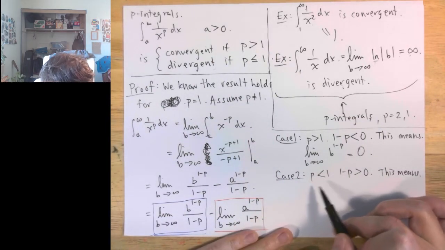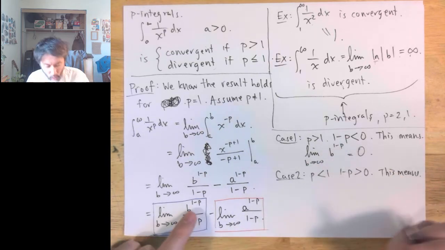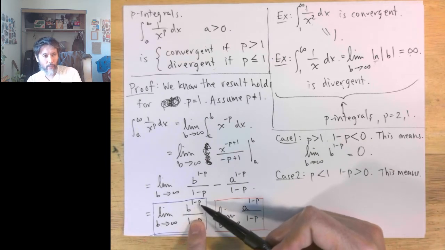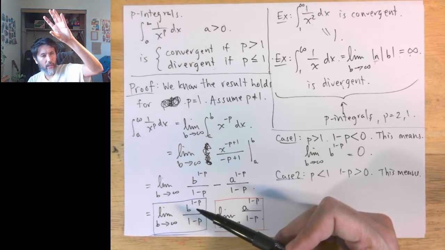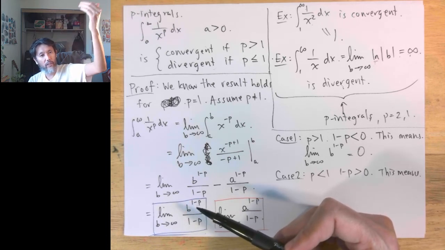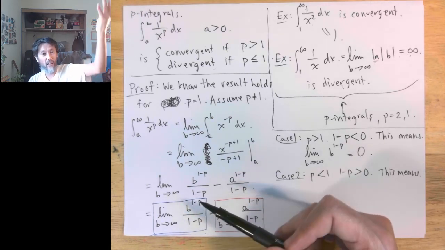So we have P less than 1, 1 minus P is positive. This means, okay, so if 1 minus P is positive, then look back here, we're looking at B to the 1 minus P, we have a positive exponent. So you might imagine it's 1/2, like the square root of B, or you might imagine that it's like 5, so B to the 5th power.